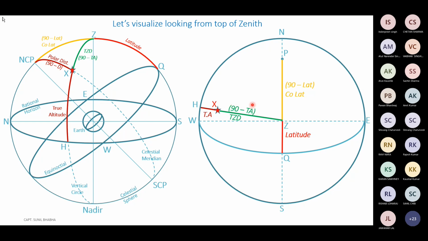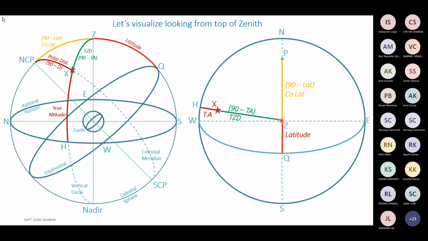Another important thing in the rational horizon diagram: you see the zenith is at the center of the rational horizon plane diagram, and the circumference of this particular diagram is the rational horizon of the observer. Now we know every point on the rational horizon is 90 degrees away from the zenith. So this indirectly tells us that the radius of this diagram is 90 degrees.